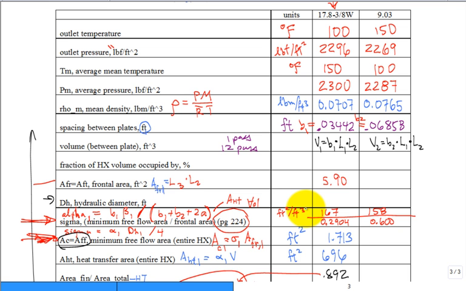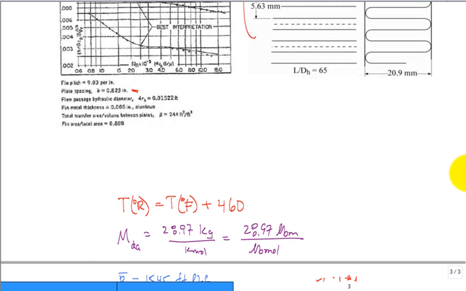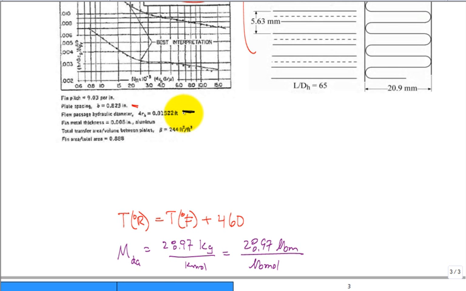The flow passage hydraulic diameter is given right there, and right here for the second passage, etc. You get really good at going back and forth. Okay, now I need this information. Go get it.